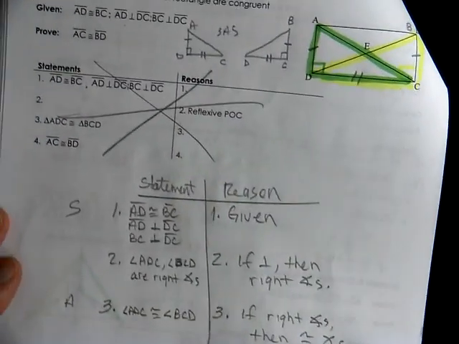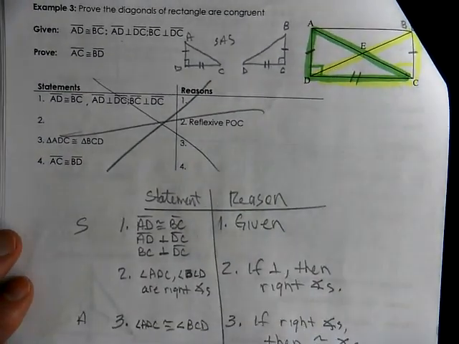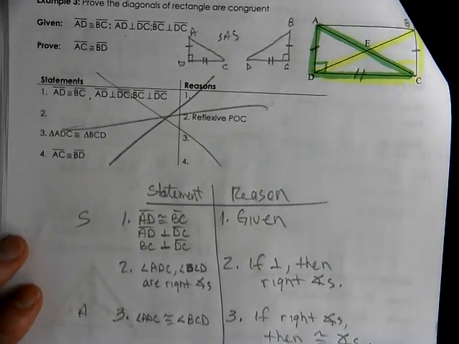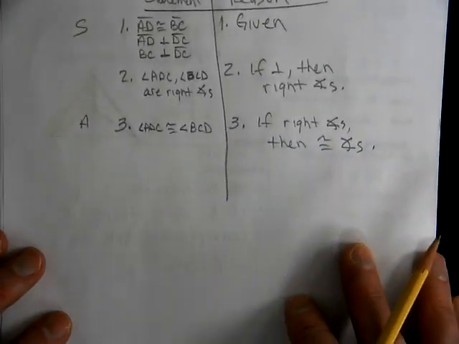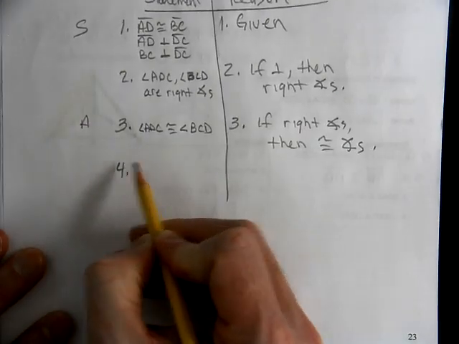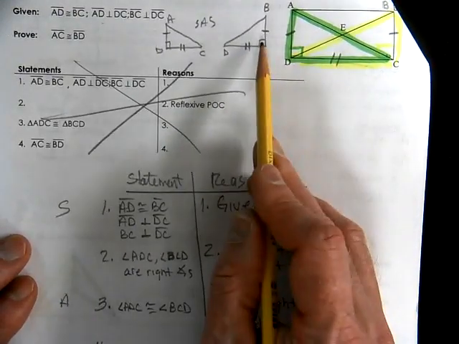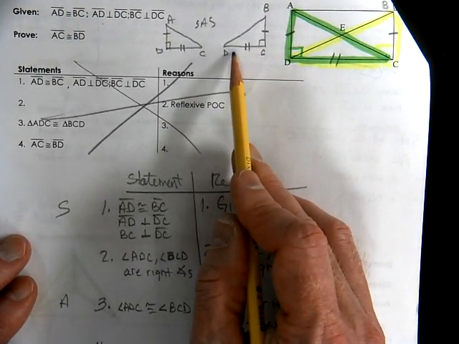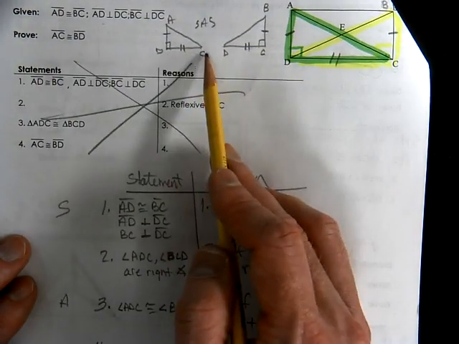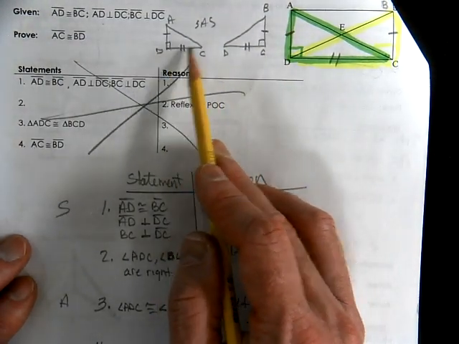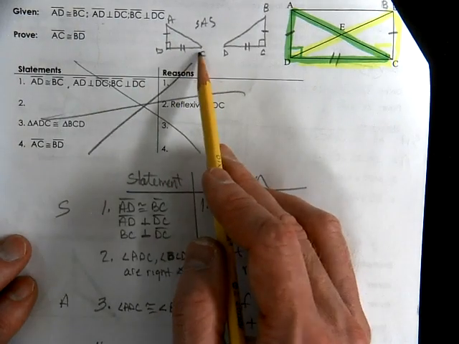Now what are we going to talk about? What haven't we stated yet? We're going to talk about the other side. Very good. We're going to talk about how we have this reflexive side, the shared side. DC and DC are the same. So we're going to say that from the 90 degree to the acute angle is DC.